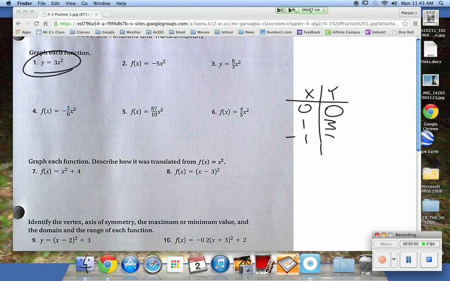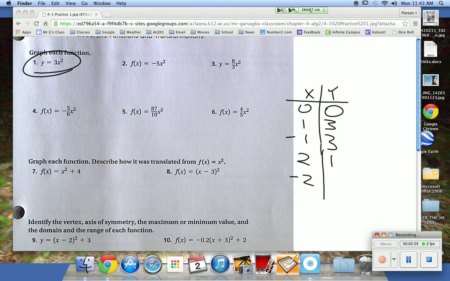We're starting to see a pattern here. I would still, just to help, put in 2 and negative 2. The reason I do that is because I want to see what this graph is really doing. It's starting to look like a parabola, right? If I put 2 into this, 2 squared is 4 times 3 is 12.